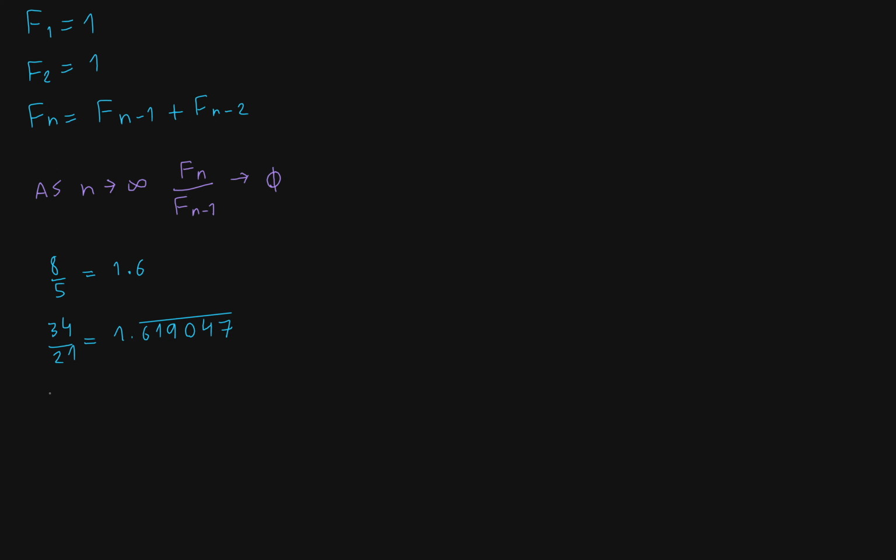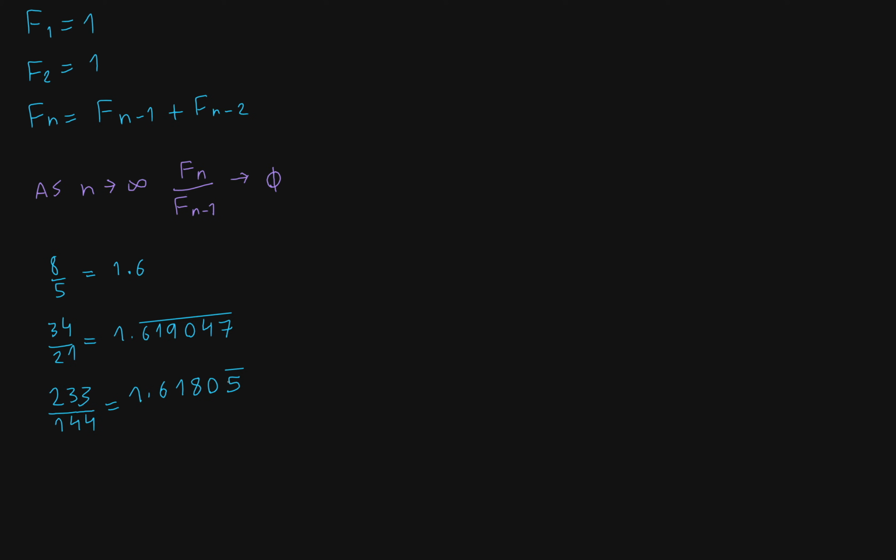And then 233 over 144, which is going to be 1.6180, and then 5, and the 5 is repeated. So this is getting closer to 1.618, so on. This is getting closer to the golden ratio.